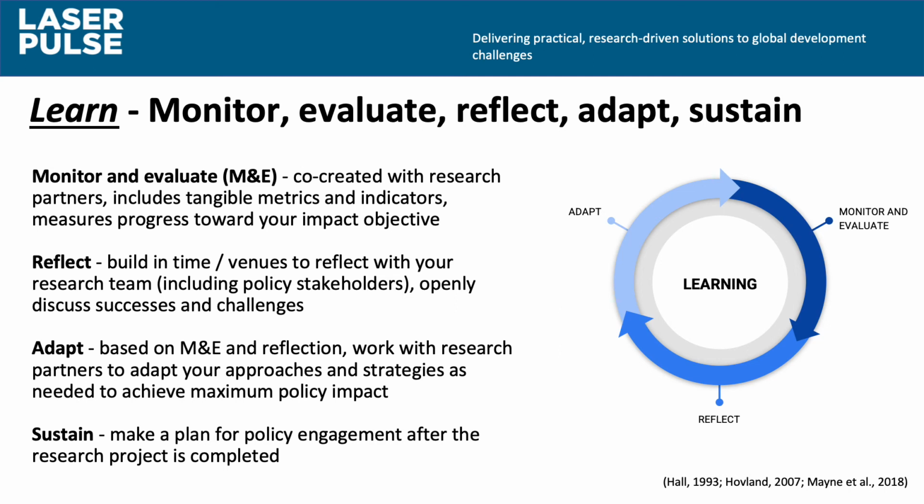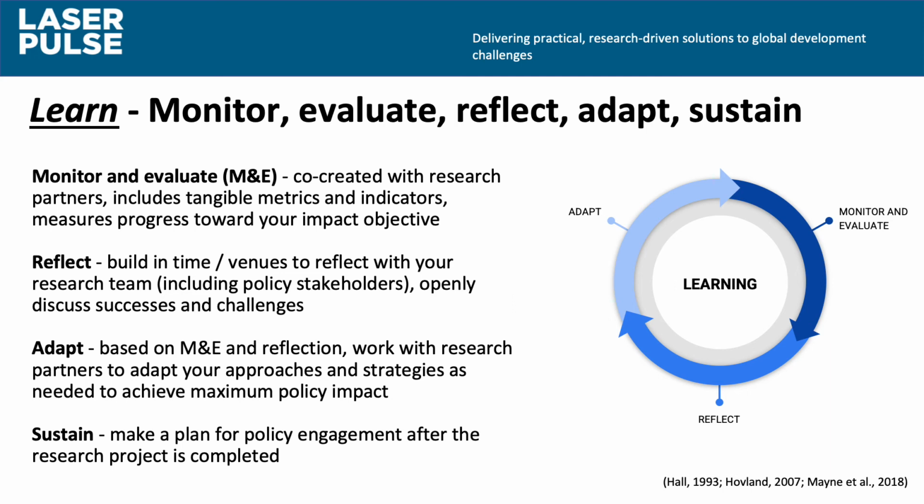This is especially important for research projects that involve a number of different research partners, including policy stakeholders, and for the group to be able to come together at various stages of the research, from design to implementation to interpretation and dissemination, and to openly discuss the achievements and challenges of the project.